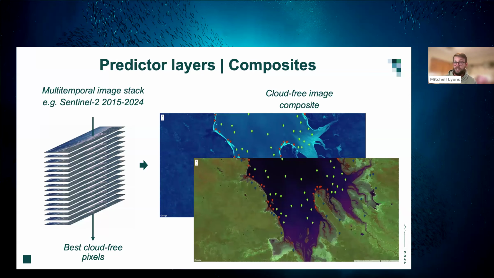You could choose the best one, or choose a median, or choose some percentile that you think best represents a cloud-free image and make an image. But also, really commonly, what we would do now is take the percentiles of that pixel stack distribution and use all of those percentiles as part of the predictor layers for that modeling.